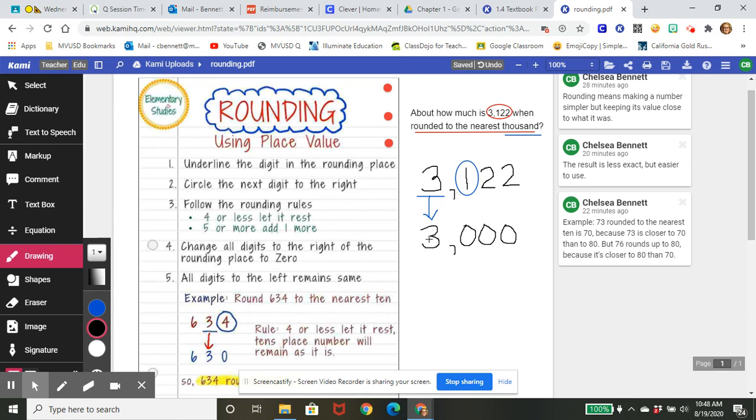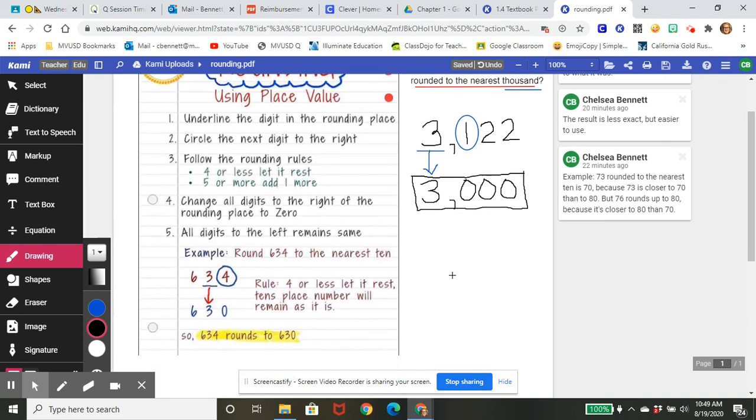That means if there were more numbers over here, they would stay the same. And I'll show you an example of that next. Okay? So now this is my estimate. This is what I rounded it to. 3,122 is about 3,000.